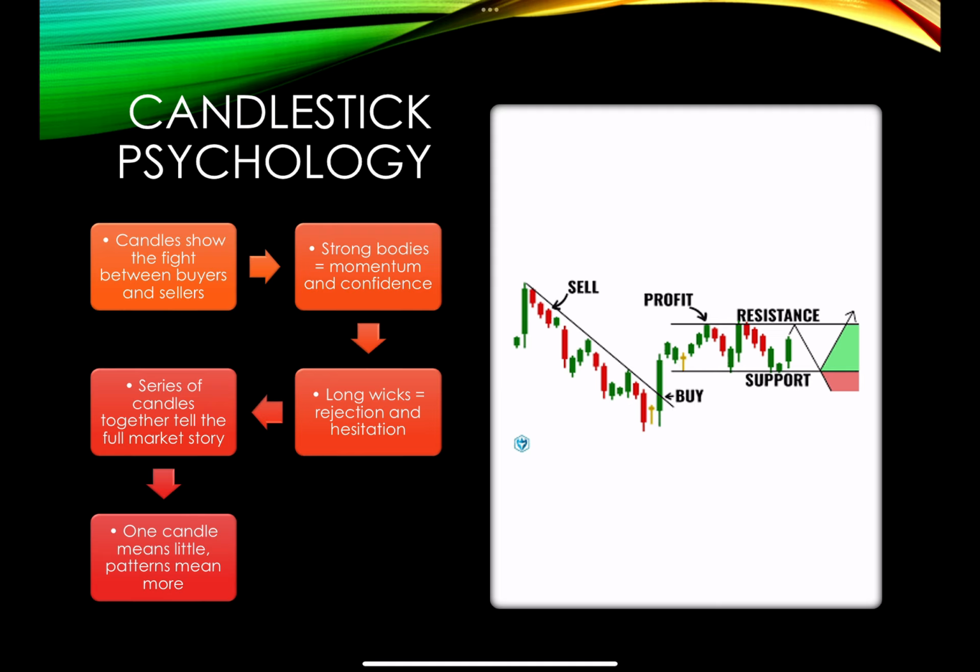Next, long wicks and rejection equals hesitation, right? So basically, if you see a long wick, I don't really see any long wicks here, but you see a wick right here. You see 3 wicks in the same zone. That basically means that buyers are going to push it up. Simple. One candle means little, patterns means a lot. So if you find a pattern, that means way more than one candle, like I said before. Right? So that's candlestick psychology. Let's keep pushing.